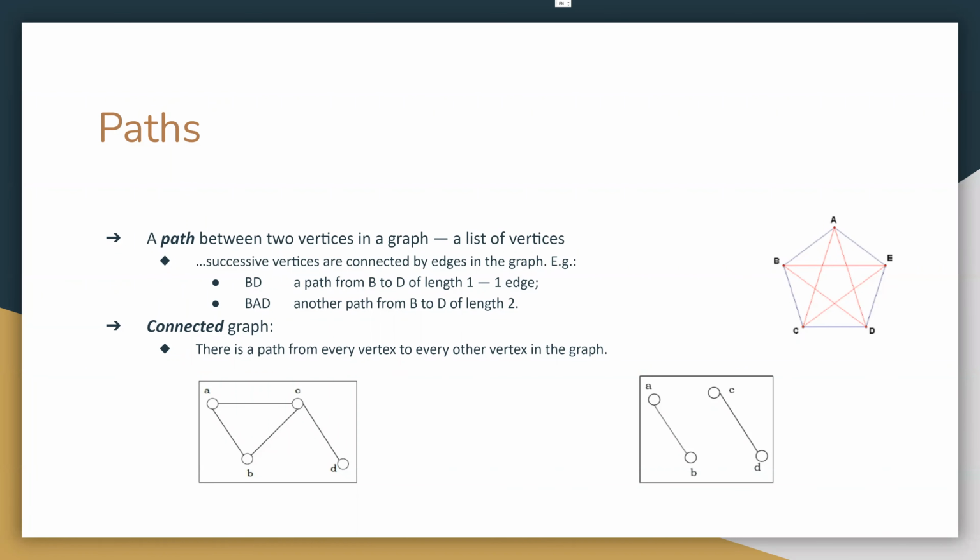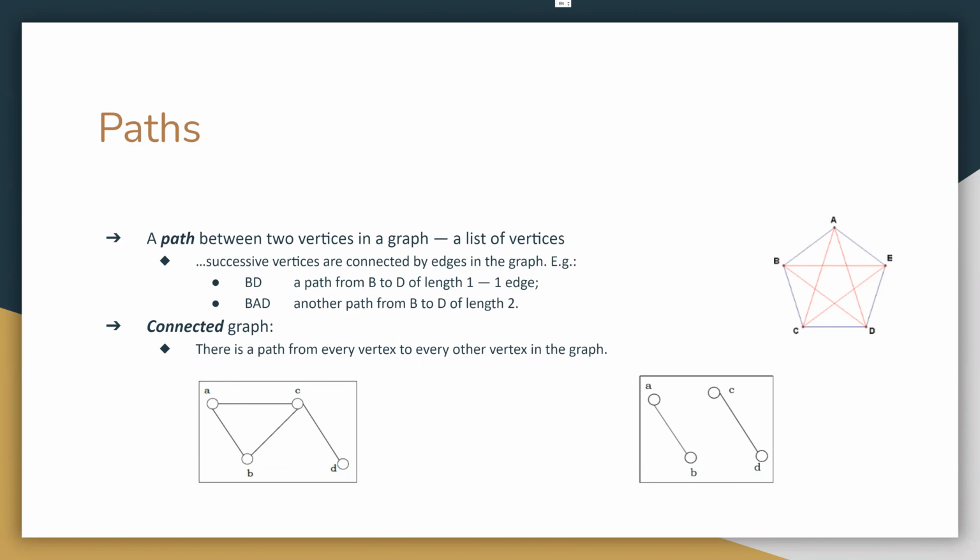And also with path, we have the concept of length of the path. When you have a direct connection, from B to D, in this one there's no direct connection from B to D, so there's no path from B to D of length 1.